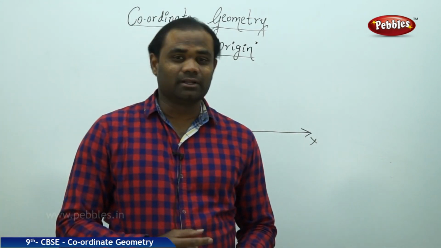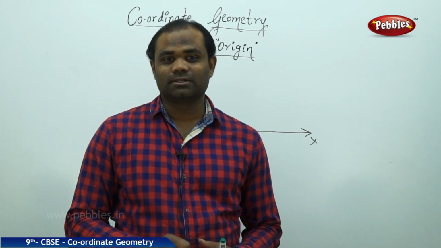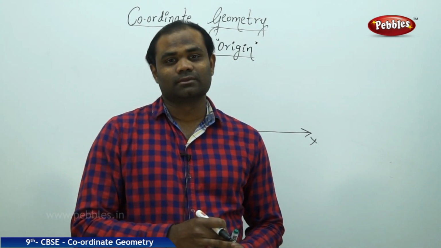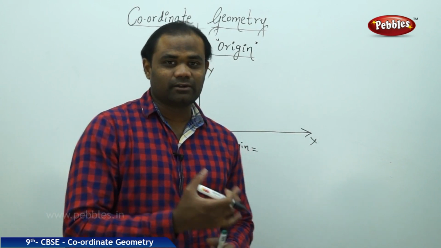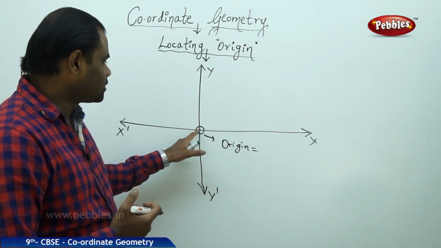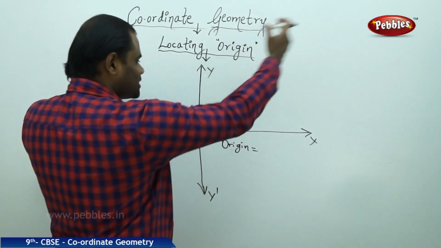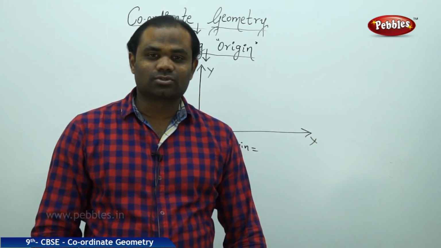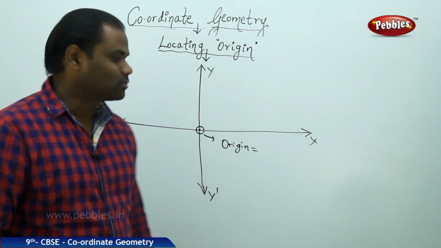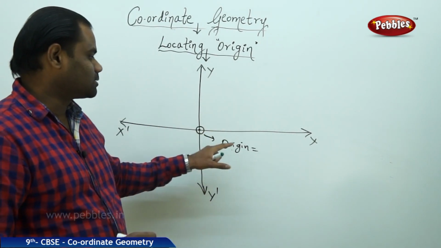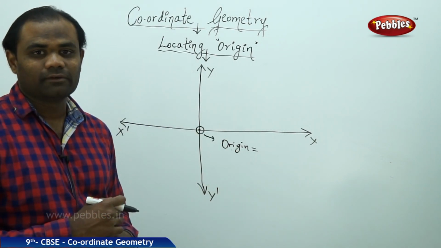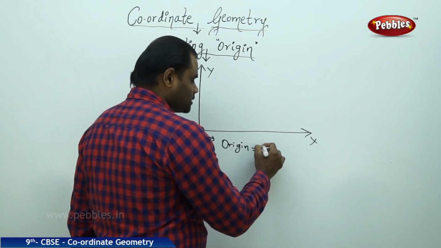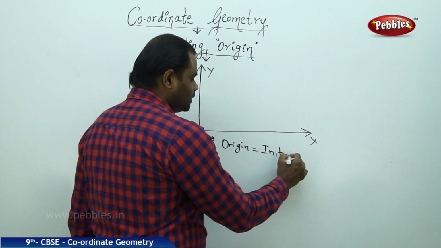Origin in the general English dictionary context refers to the source or the root cause of the source. So here we define origin as the root cause of defining all the points in this plane. So the source of defining all the points is the origin, and therefore we refer to this as the initial point.